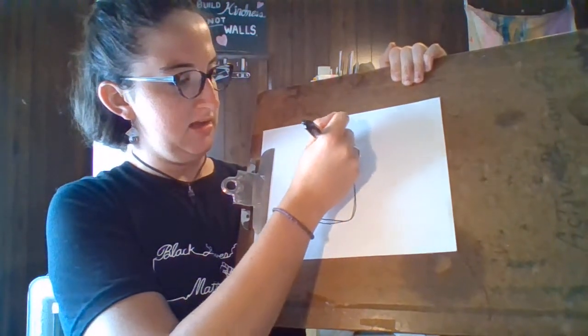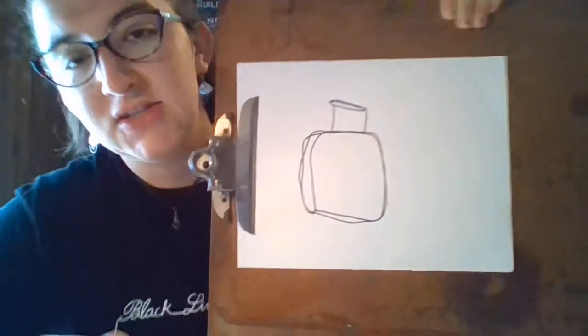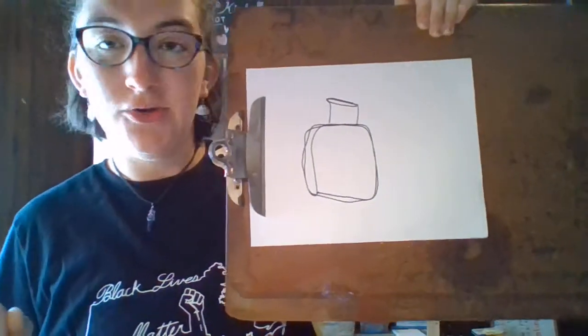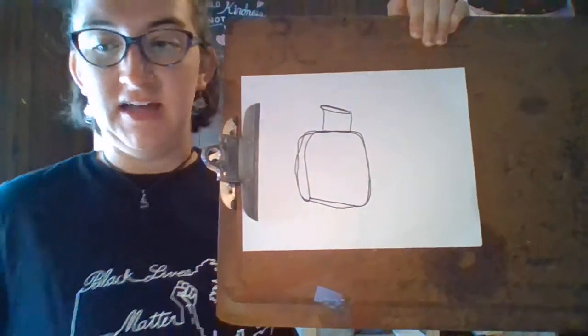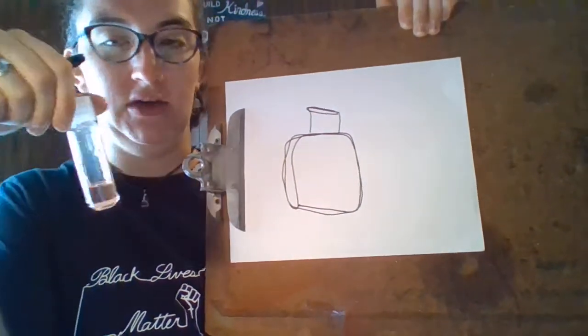All right, all the way around. Now, is that totally accurate and realistic? No, but we get the basic idea of the contour line, the outline of this object, okay?